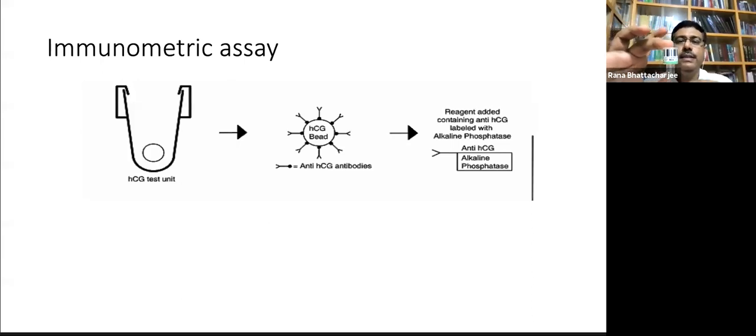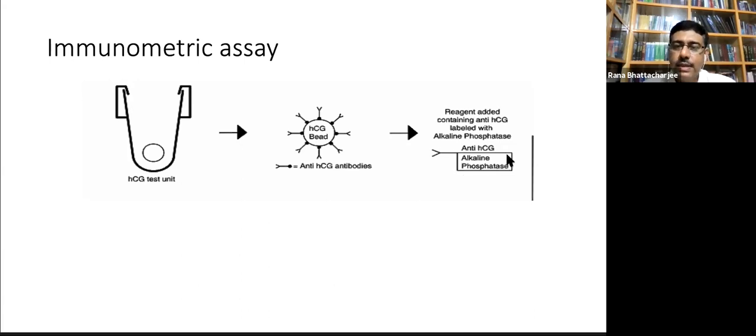So here you can see there is a kind of chamber within which there is a bead. This bead is depicted here. This is actually the solid matrix, upon which, as this is an HCG test unit, the anti-HCG antibodies are attached. Then the reagent is added, and the reagent contains anti-HCG antibody which is labeled with alkaline phosphatase.